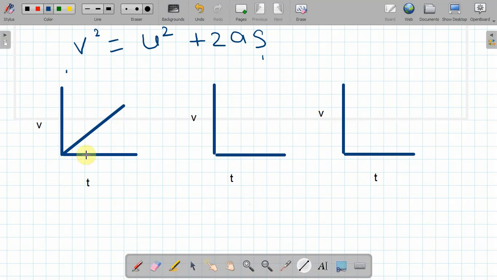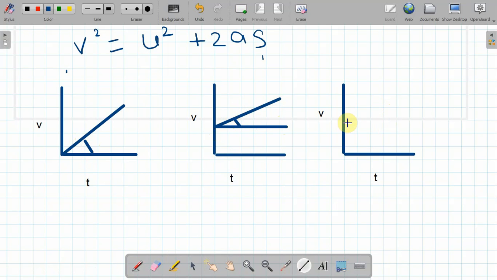Then in this case the slope will give you acceleration. Now here the slope will be this portion. If the particle starts from initial velocity u here, then the slope will be like this, the angle it makes with the x-axis or with a line parallel to the x-axis. This will also give you acceleration.